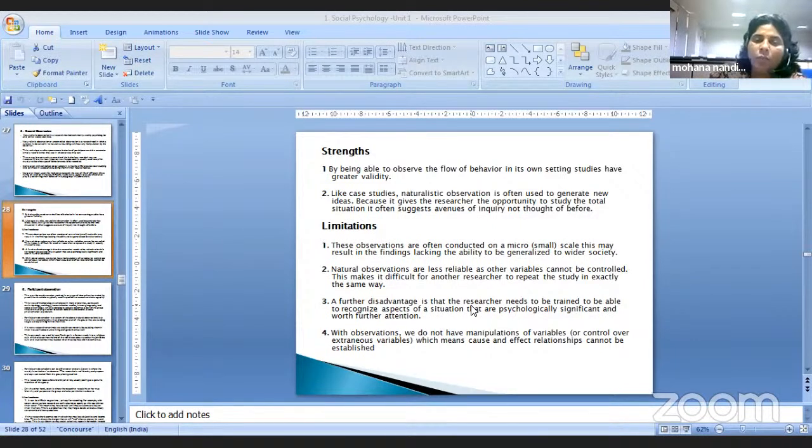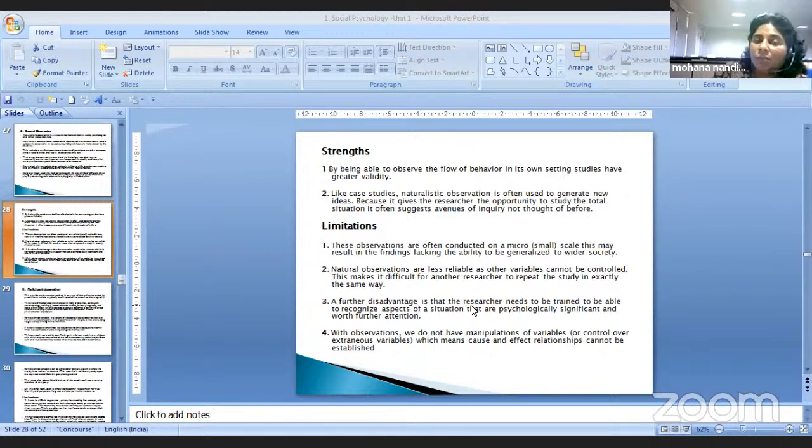One is the other group, and the next disadvantage, we cannot recognize aspects of a situation. That means what deserves attention. See here, if the person is completely showing interest in the game, we don't know how the other person is doing. Again, that is going to be a weakness. Here we don't have any control over the other person.